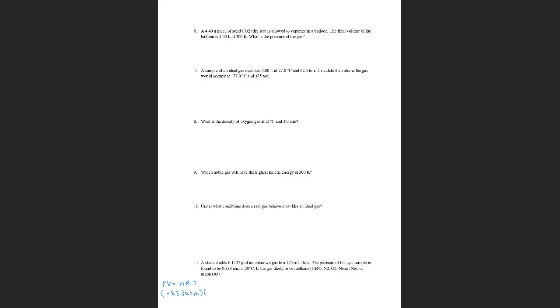What's the volume? It is 125 milliliters, but what are we going to use for the equation? Yes, 0.125 liters. Remember, that's because the units for the R have liters in them, so we're going to have to use liters in the equation.